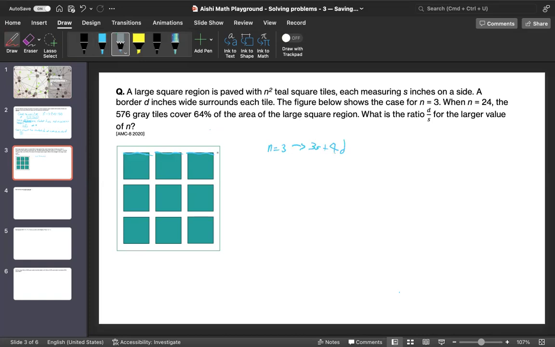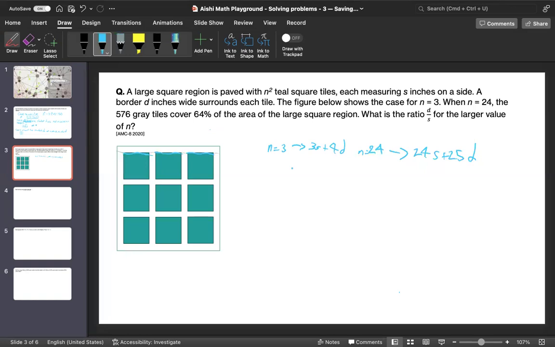We have 1, 2, 3, and 4d. So when n is equal to 24, then we have 24s plus 25d.